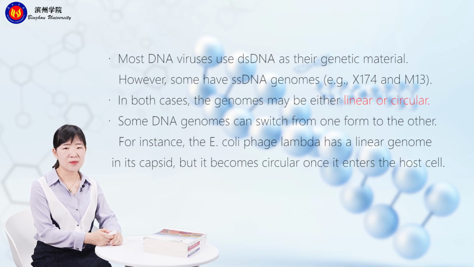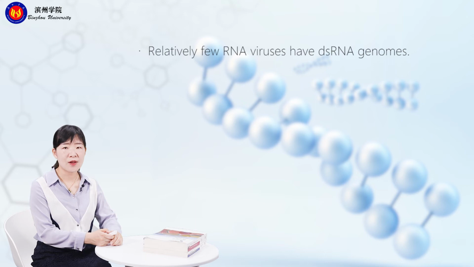For instance, the E. coli phage lambda has a linear genome in its capsid, but it becomes circular once it enters the host cell. Relatively few RNA viruses have dsRNA genomes.